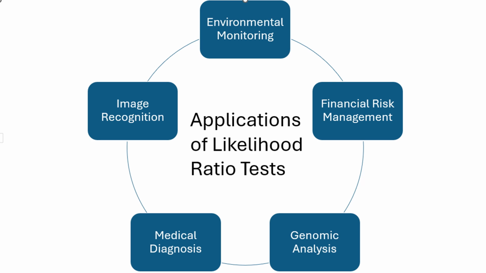It can be even used in the genomic analysis. In the genomics, the likelihood ratio test is used to identify the genetic variants associated with the diseases. It can be used in the medical diagnosis as well. In the medicine, the likelihood ratio test is used to diagnose the diseases based on the symptoms and the test results.